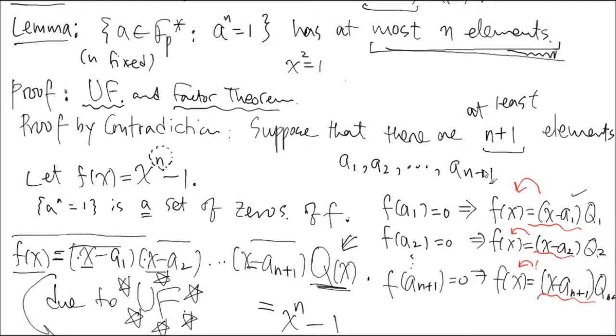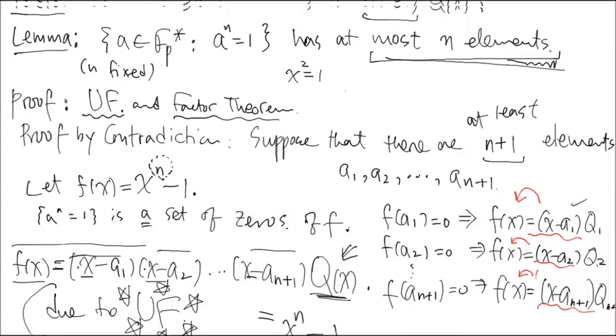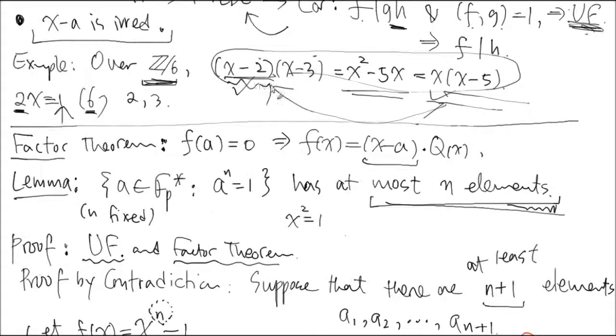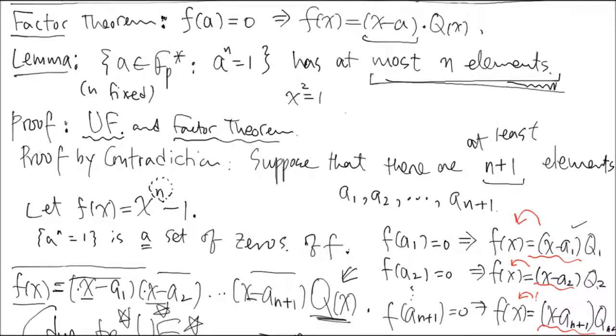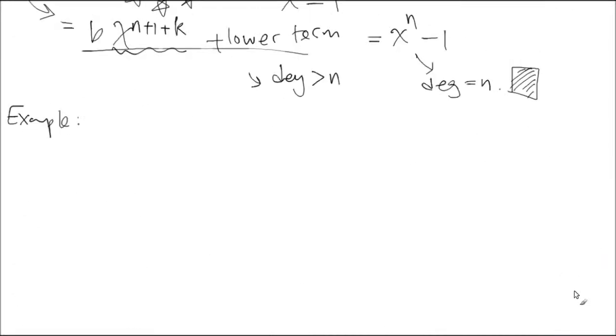Okay? Unique factorization is important. Here it disappeared, but in the unique factorization world, nothing goes to zero. Everybody's there, right? Good.